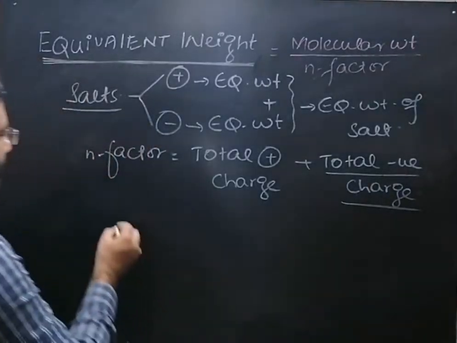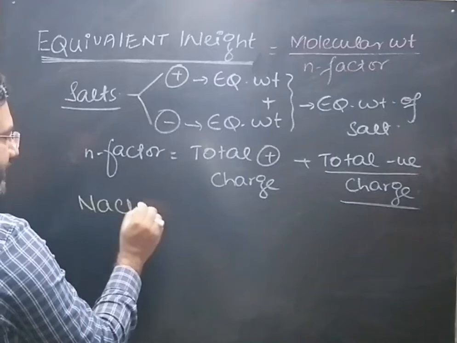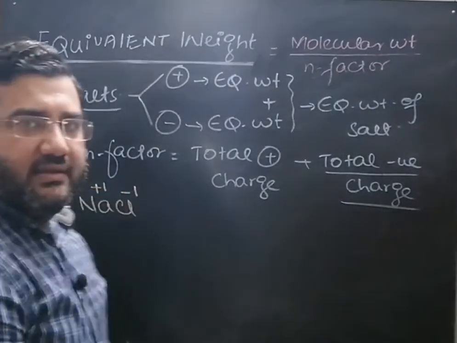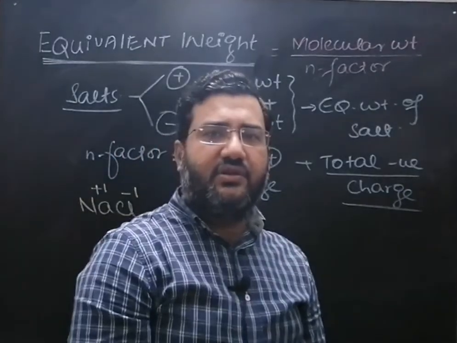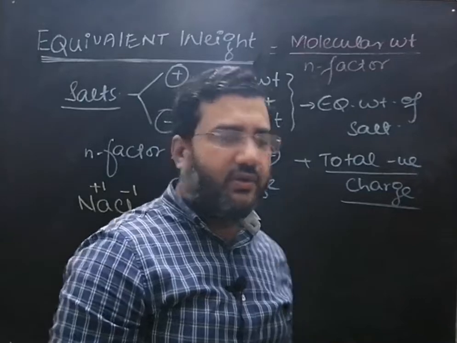Let us take an example: in case of NaCl, the cation has charge +1 and the anion has charge -1. So the total charge is 1.